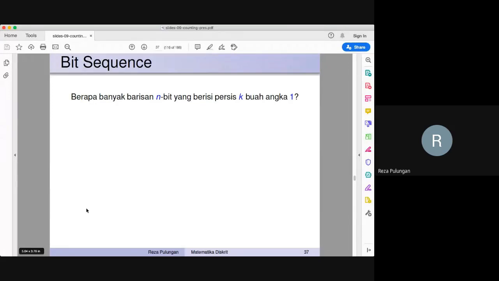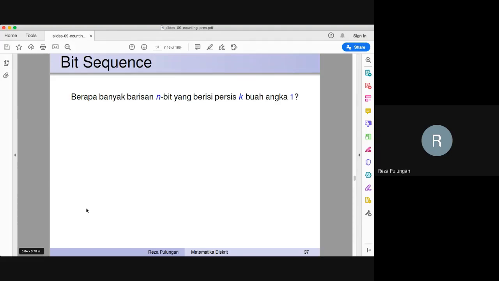Let's see. The first example is called bit sequence. How many sequences of n bits exactly contain k ones? If you remember, this is actually our first example.